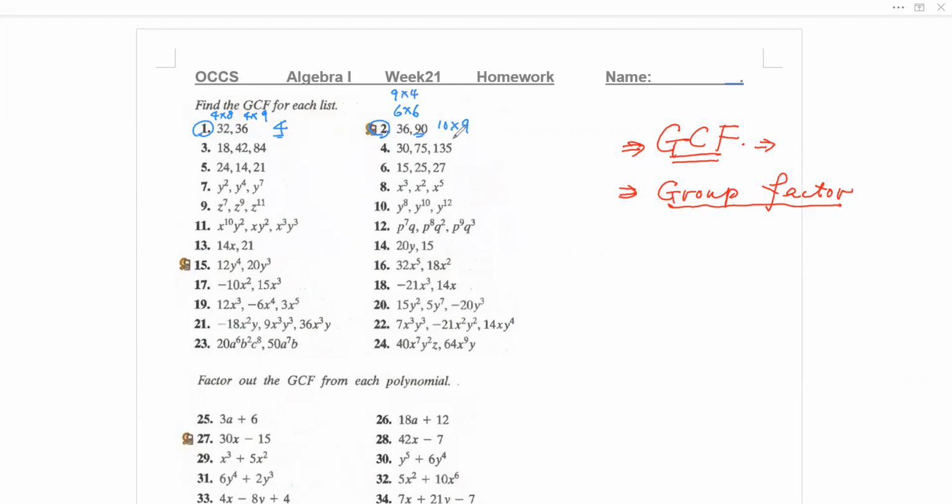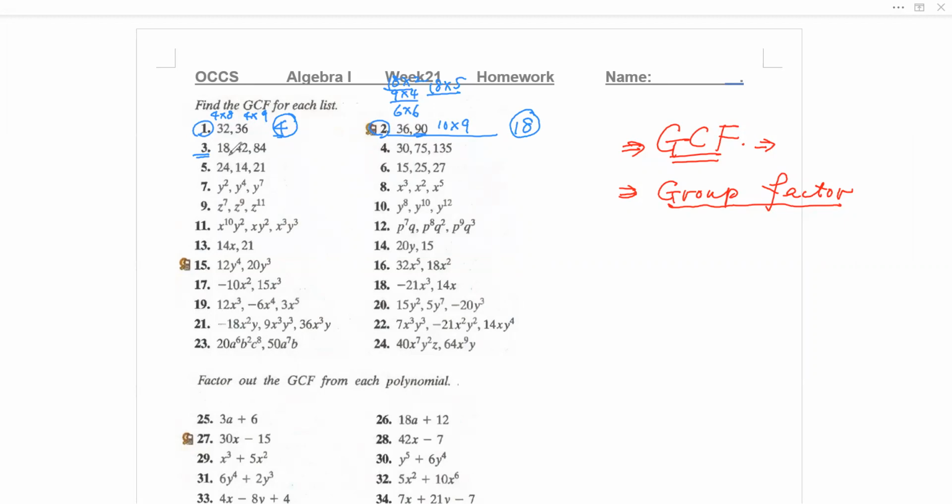Here 9 is a common factor, but not the greatest, because this can be rewritten into 18 times 2, and 90 is 18 times 5, right? 2 and 5 at this moment are prime to each other. So the greatest common factor for this one is 18. Here is 4.